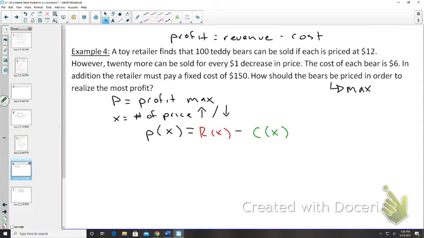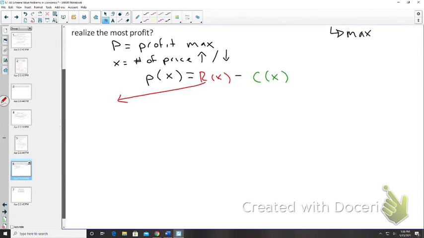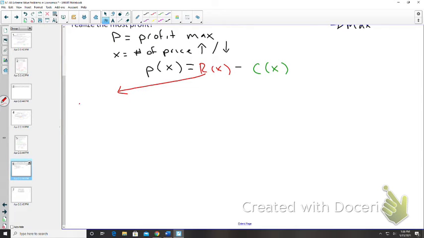Let's find R of X, our revenue, first. We're going to break this up and then we'll combine them towards the end. So the revenue function is equal to the number of units sold multiplied by the price.